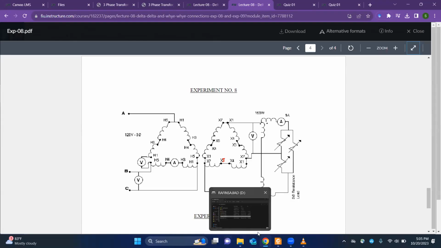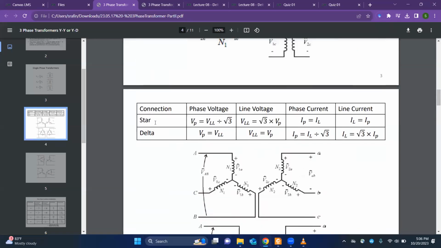You need to calculate the phase voltage, line voltage, phase current, and line current. You can see the current values provided over there as well. So for delta connection, you need to calculate phase voltage, line voltage, phase current, and line current. Okay, very simple demonstration.